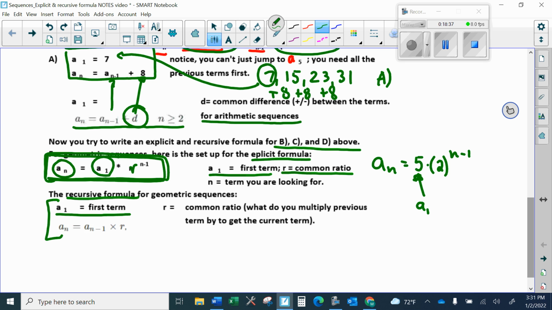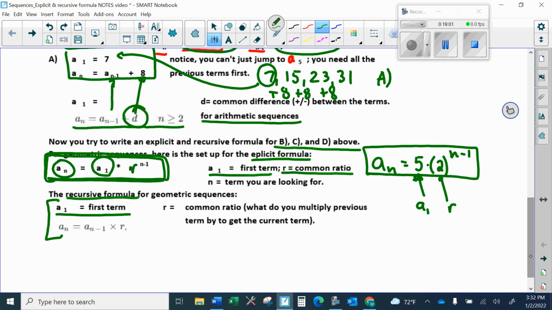Whatever your sequence is, the first term goes right there. This is my R, the common ratio, and it's always raised to the n minus 1. That never changes. A sub n doesn't change. So now that would be the equation for the problem we just did.